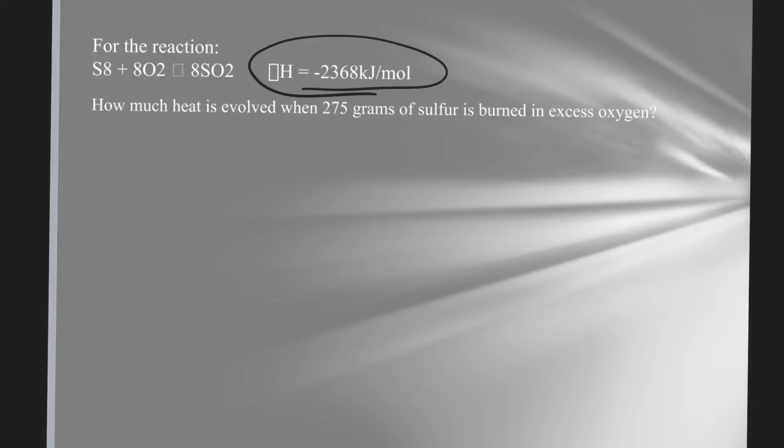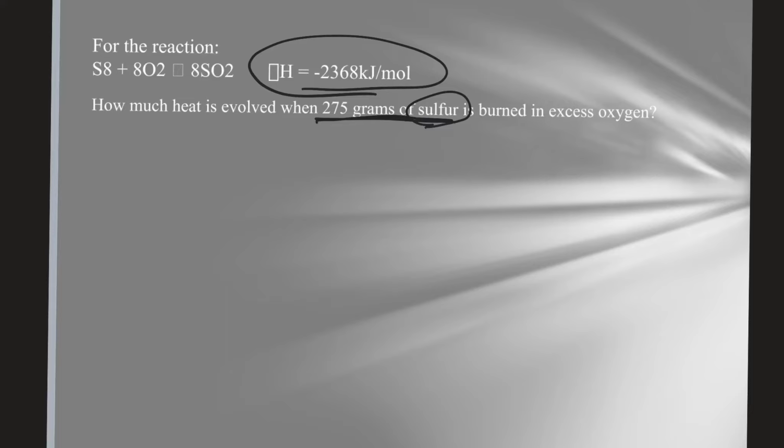This time I gave you the question in grams. So the first thing you need to do is convert 275 grams of sulfur to moles of sulfur, so you need the molar mass of sulfur.